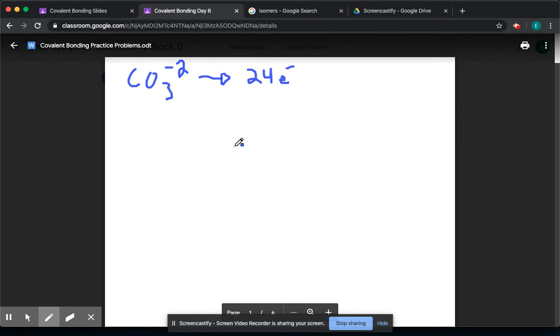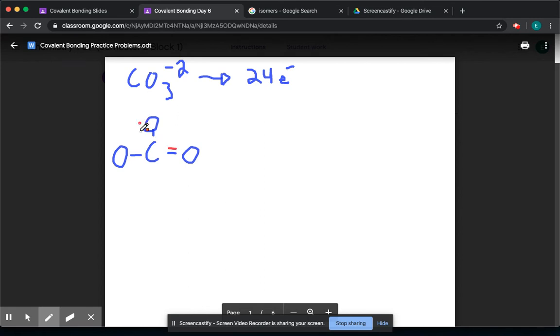Let's draw our molecule. You have carbon with 3 oxygens. We've seen this one before. This was in one of your other assignments or one of the other sections. This is going to require a double bond, if you remember. So I'm going to draw the double bond here. It doesn't matter where you draw the double bond, but I'm going to draw it here.